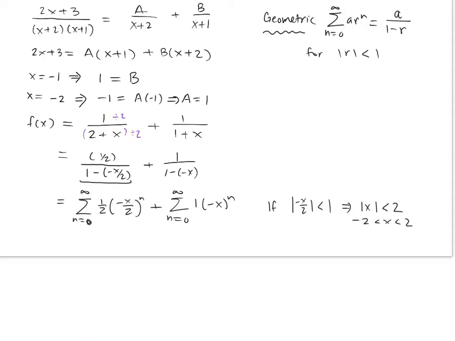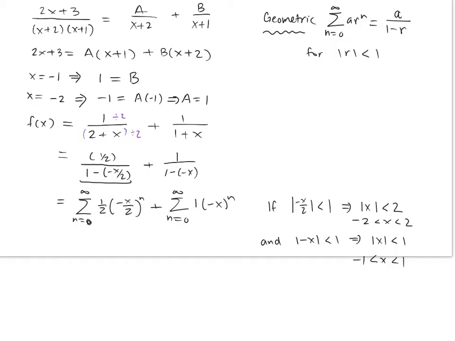So that's what's needed for the first series to converge. Is the second series different? It is. And you also need that the absolute value of negative x is less than 1, which means that x is between negative 1 and 1. So you need both of these to be true, as in where does this happen and that happen?